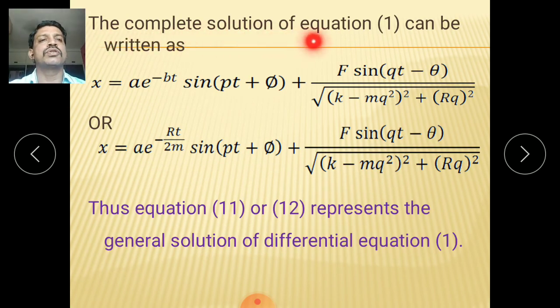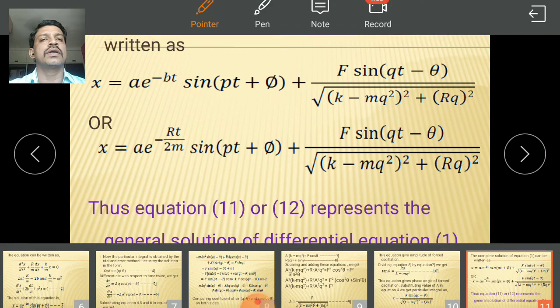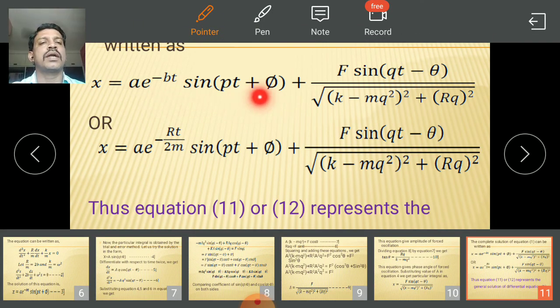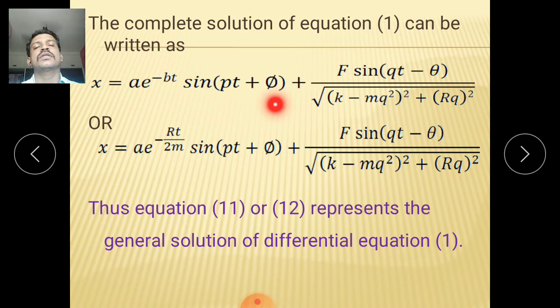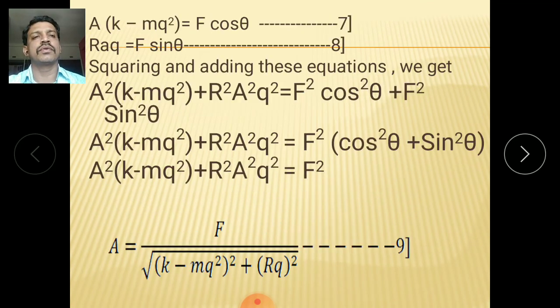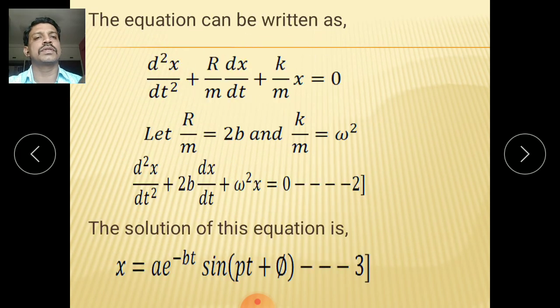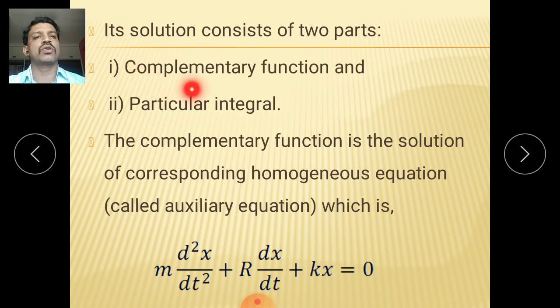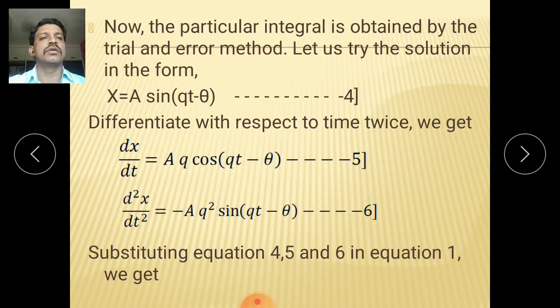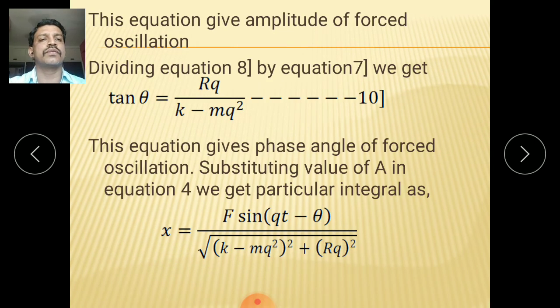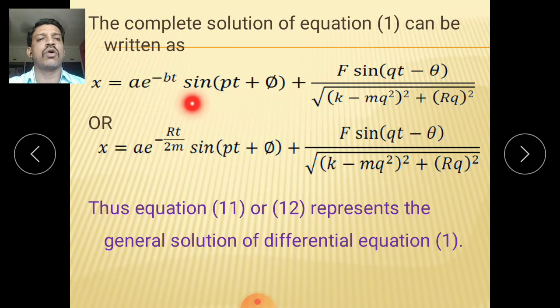Now the complete solution of the equation we can write. This is the first part, which we say is the complementary function, and the second one is the particular integral.